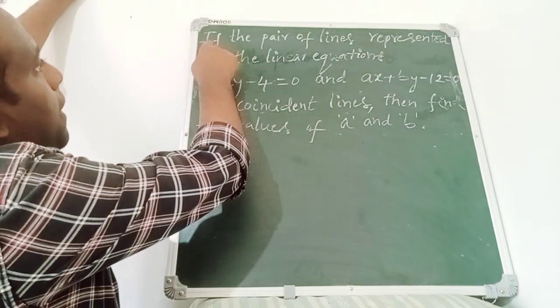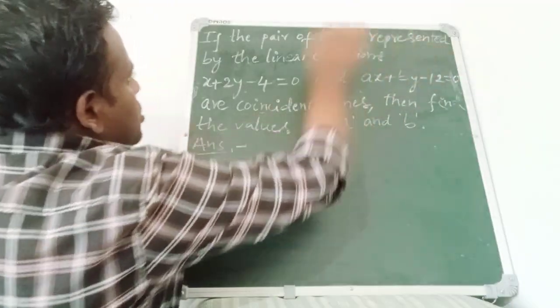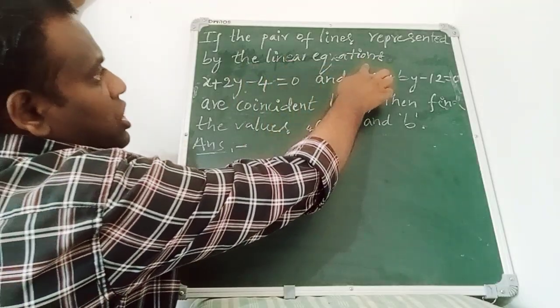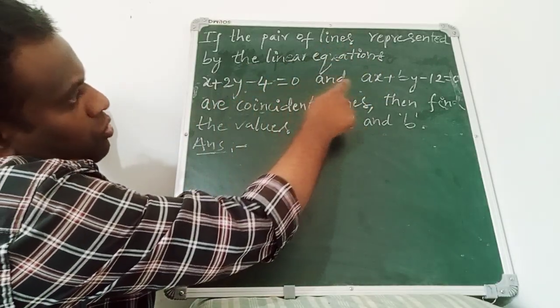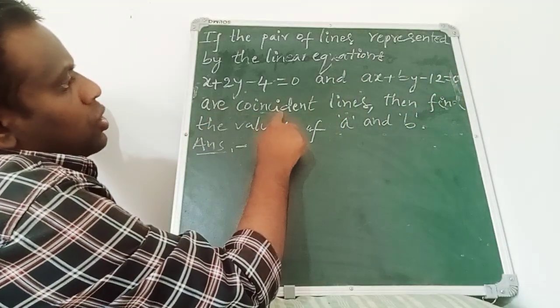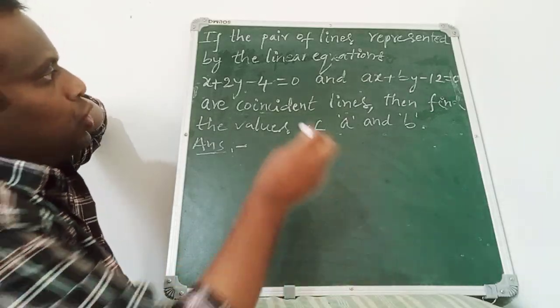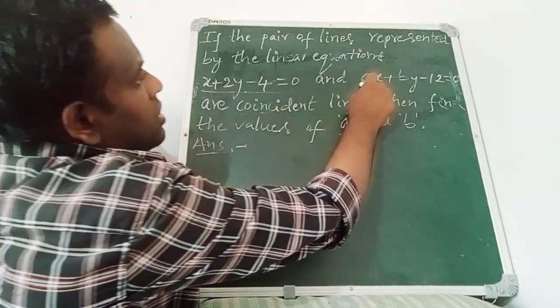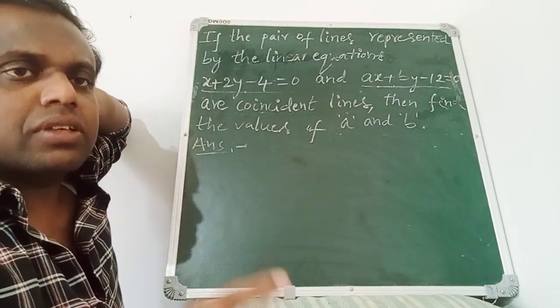Question is this. If the pair of lines represented by the linear equations x + 2y - 4 = 0 and ax + by - 12 = 0 are coincident lines. That means they have given two linear equations, this and this. Linear equations means they represent lines.